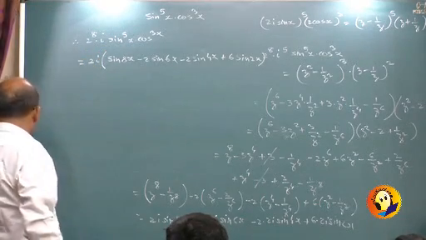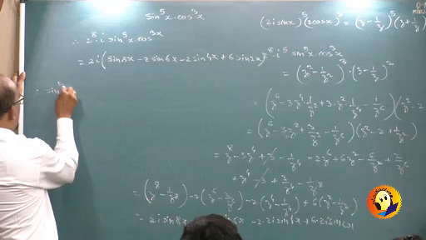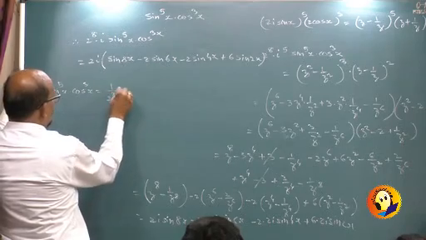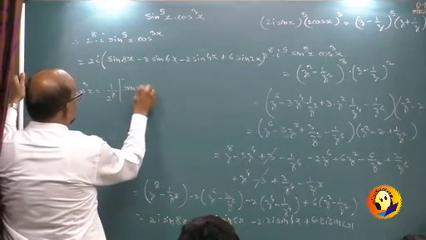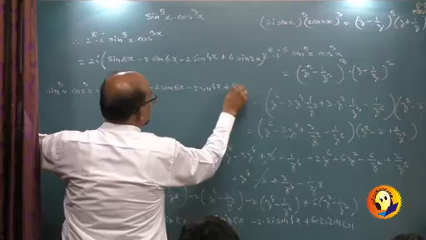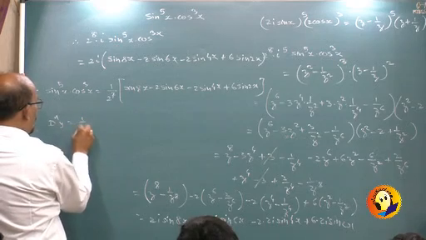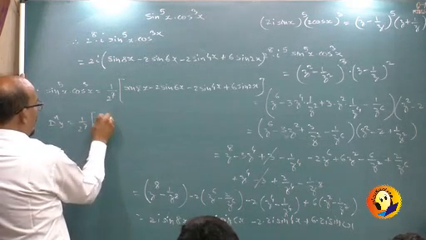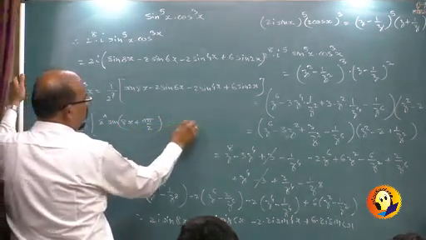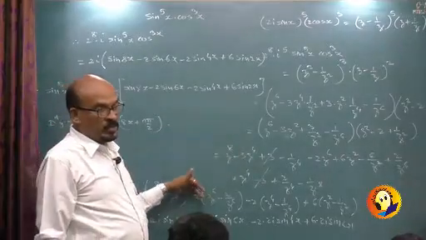We have the given expression written as, therefore sin raised to 5x into cos cube x will be 1 upon 2 raised to 7 into bracket sin 8x minus 2 sin 6x minus 2 sin 4x plus 6 sin 2x, and its nth derivative will be 1 upon 2 raised to 7 into bracket 8 raised to n sin of 8x plus n pi by 2 and so on.